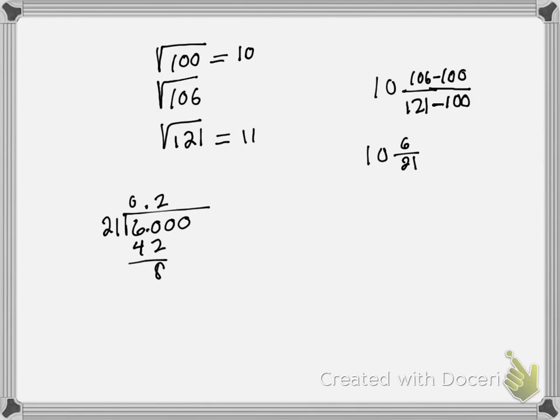I have 8, and that's 1. Okay, 21 goes into 120 9 times, so let's go 8 times. It's 8. So I could say it's about 10.28. I can go one more digit. It's 8, it's 16. The remainder is 2, that's 1.